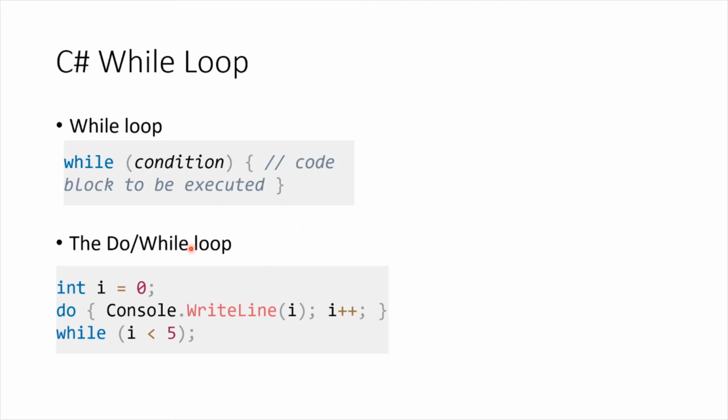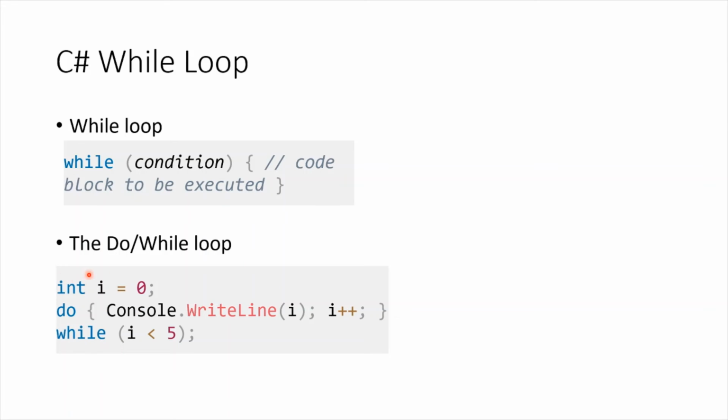And the same way you can also have do while loop. This is simple while loop. Then you can have do while loop. Do while loop is you do something, you do some expression, you calculate the condition, and then while the condition is true, you keep executing this loop.